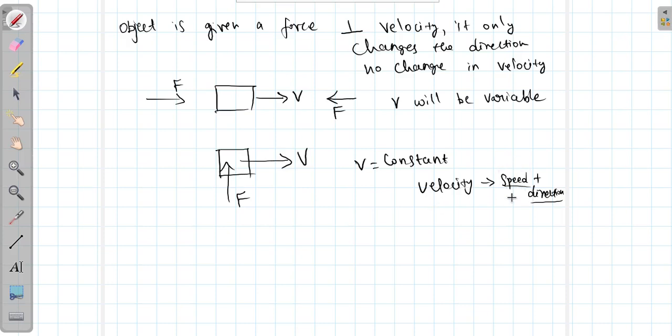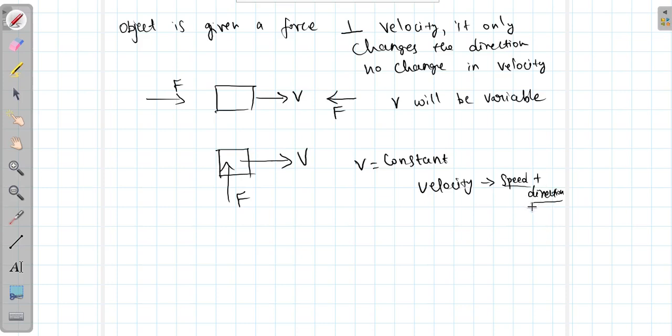But whenever the speed is changed, it produces tangential acceleration. Whenever the direction alone is changed, it is like a radial acceleration. It is not tangential, it is radial. Most of the time this is circular motion, which involves these kinds of concepts.